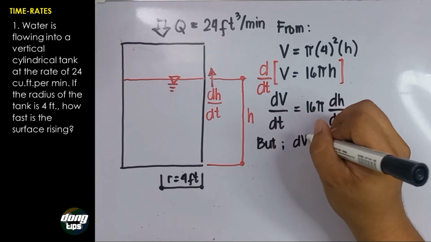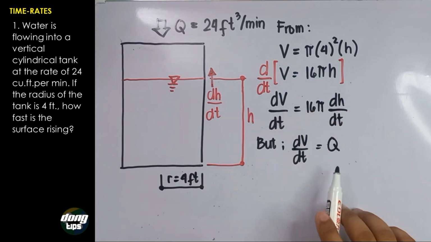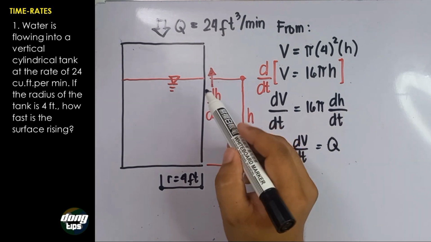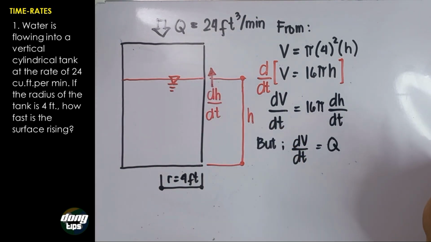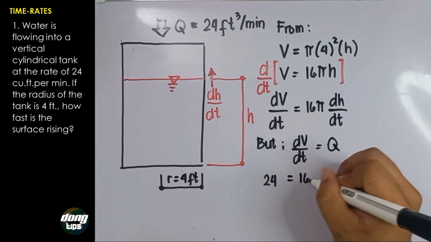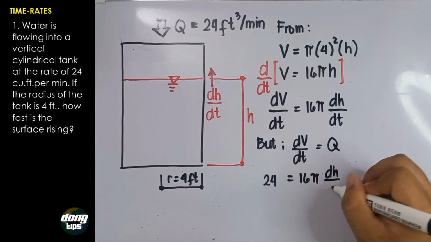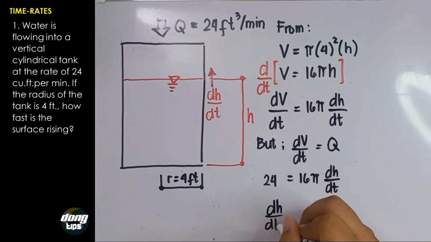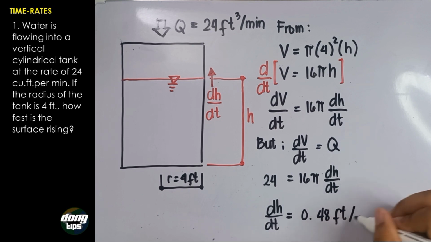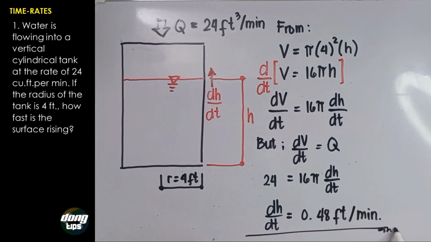But the change in volume with respect to time is equal to the flow rate, 24 cubic feet per minute. Substitute this value. And the value of how fast the surface is rising is 0.48 feet per minute.